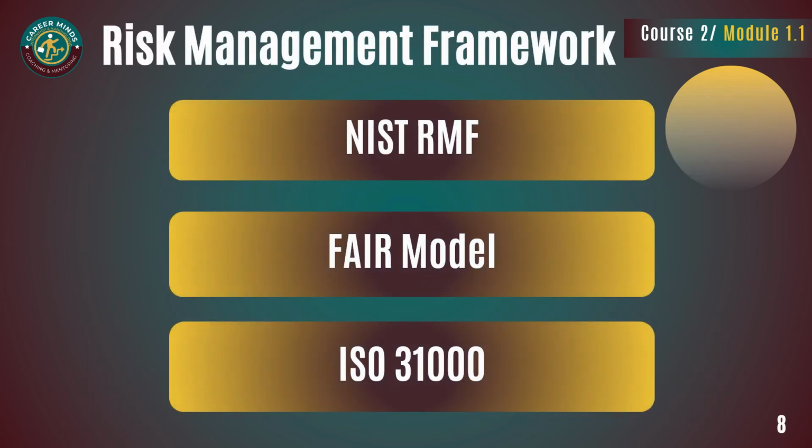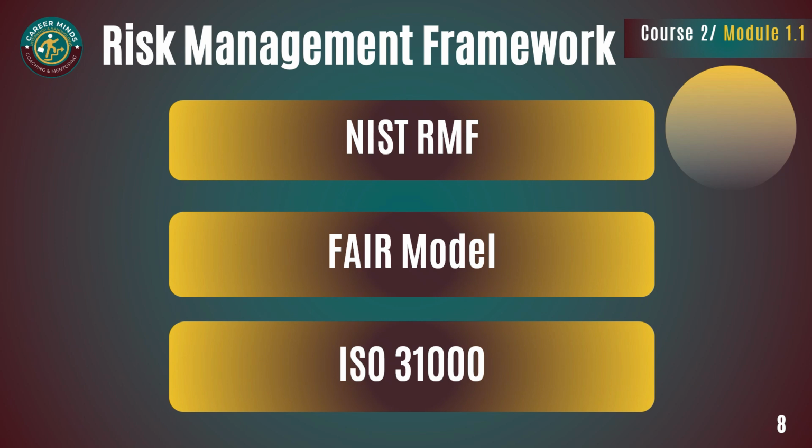To tackle these risks effectively, we use cyber risk management frameworks, which are structured approaches that guide us in assessing, mitigating, and monitoring risk. The 3 frameworks that we'll focus on here are, number 1, the NIST Risk Management Framework, called NIST RMF.